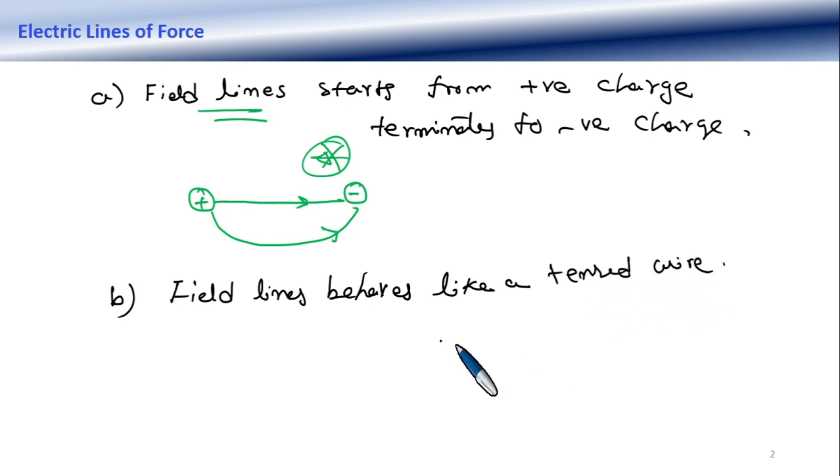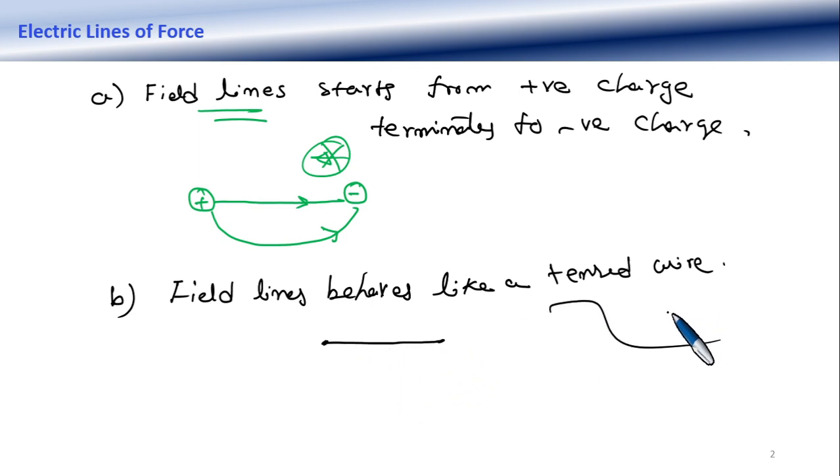That means it looks as if there is a tensed wire. This is the field lines concept, that you have fixed this point and this point, and you build up some tension. Then we can say that, okay, it looks like a field line.